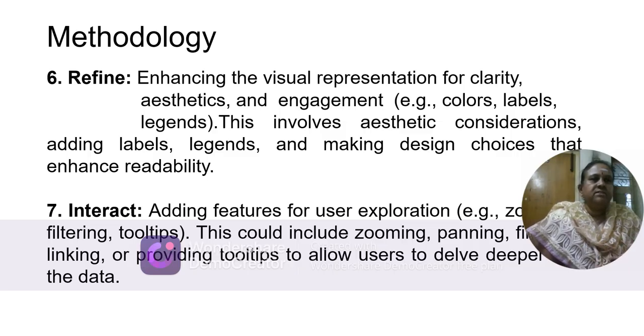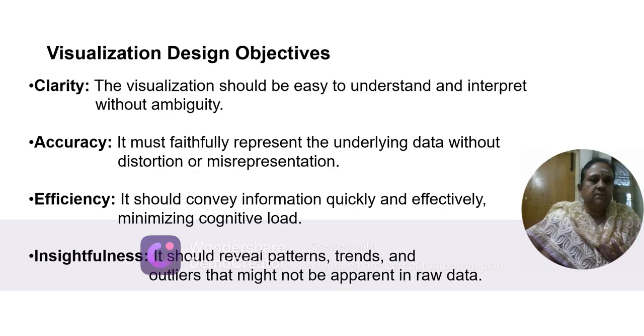And the seventh stage is interact, making communication much easier. So the objective of choosing visualization is giving good clarity. So the visualization should be easy to understand and interpret without ambiguity.